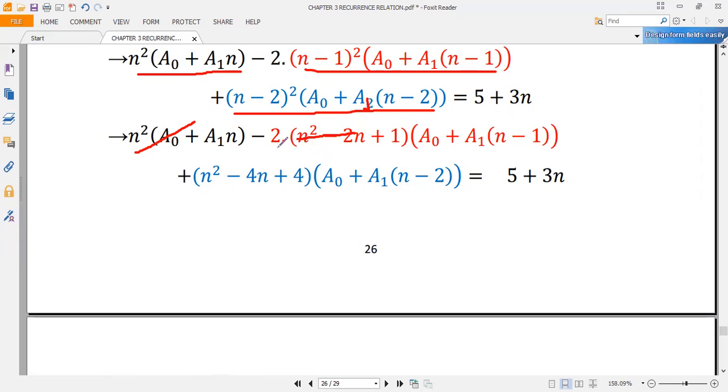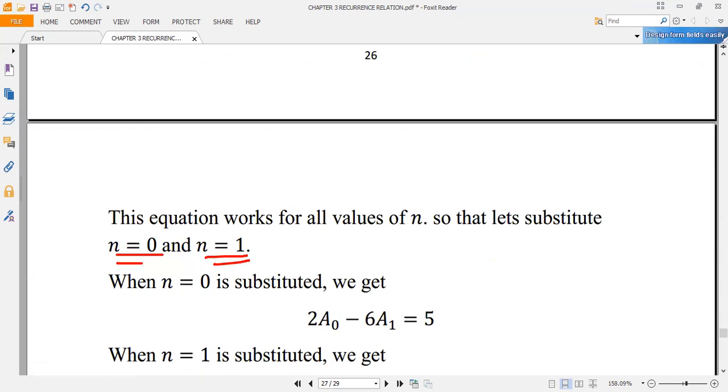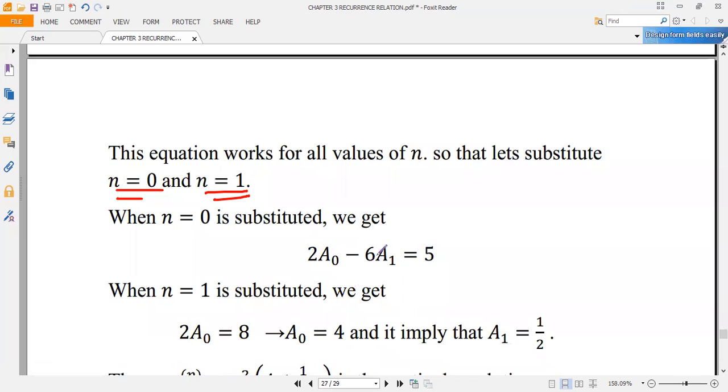And minus 2 times a naught plus a1 times 0 minus 1, and this term becomes 0, 4 times a naught plus minus 2a1. Rearranging that, you will get 2 times a naught minus 6a1 is equal to 5, obtained when you substitute n equal to 0.